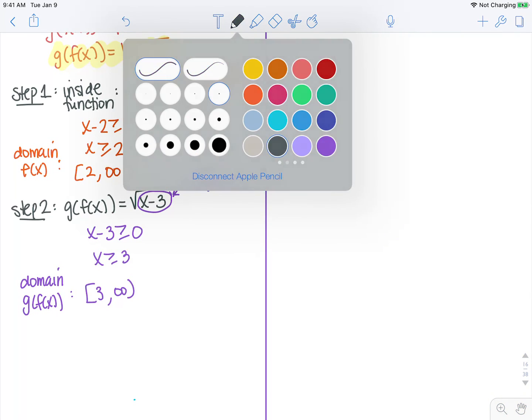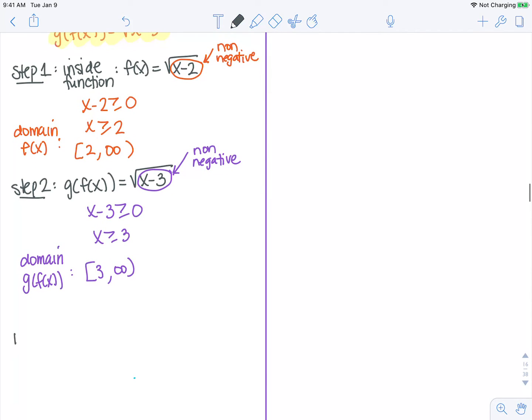So now remember, the overall domain is the intersection of these two domains. So if I have, let's look at them on a number line. For my first domain, I have from 2 to infinity, right?